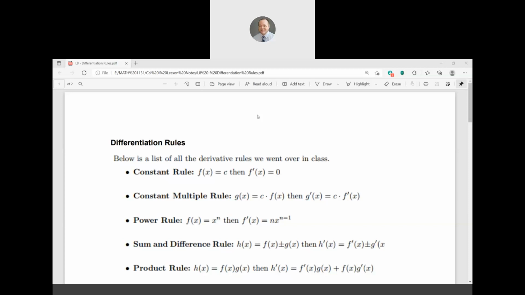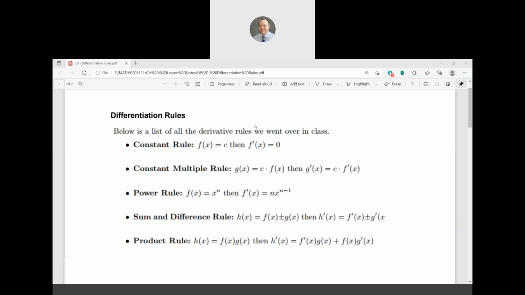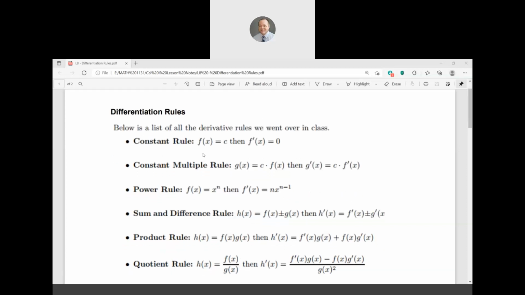So below is a list of all the differentiation rules that we're about to go over. The first one: if your function is a constant, then the first derivative is automatically 0. For example, if you had the function f of x equal to -5, well, its first derivative, because it's a constant, is automatically 0.